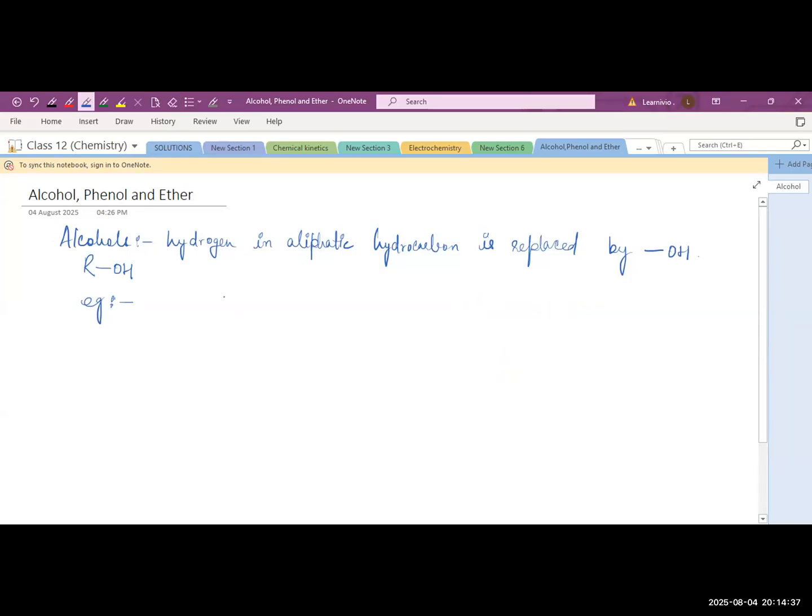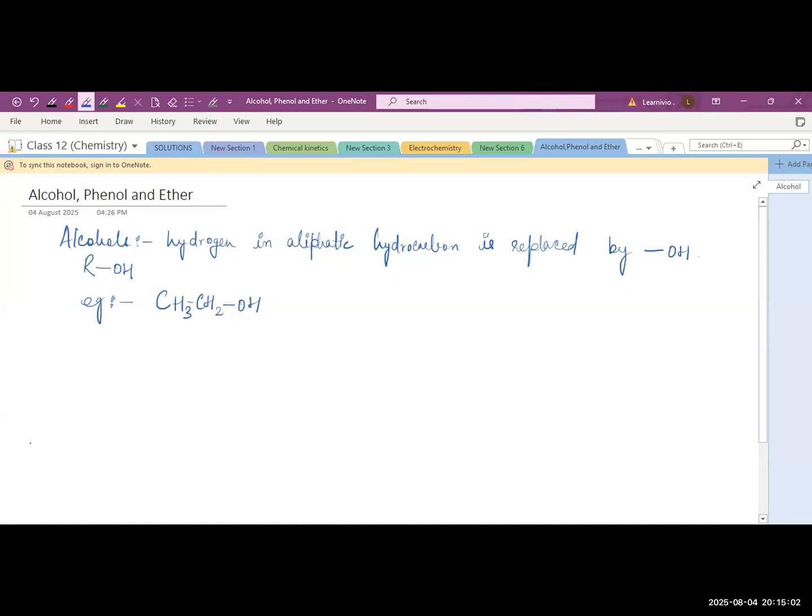Examples you can see: CH3CH2OH. What is the name of this alcohol? Try to name this. This is ethanol. Just remember that.